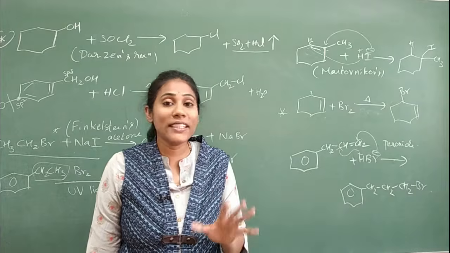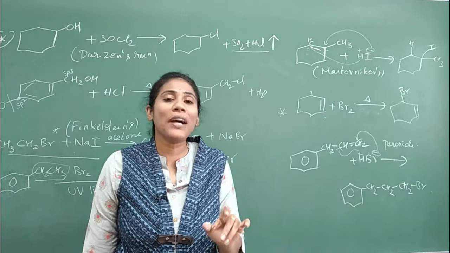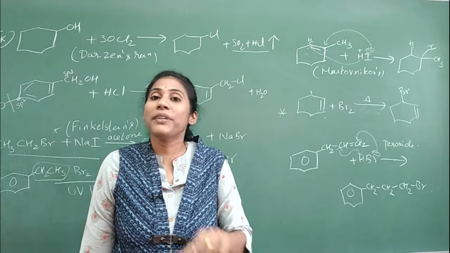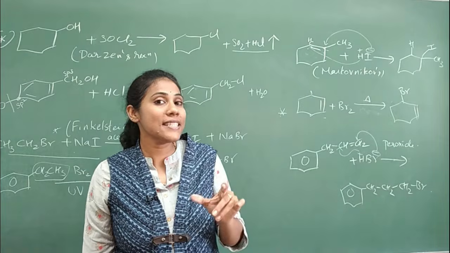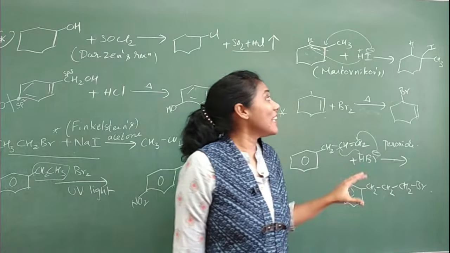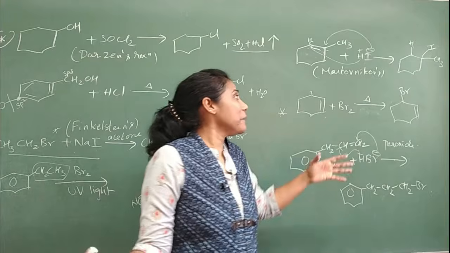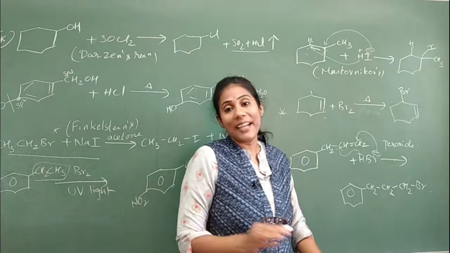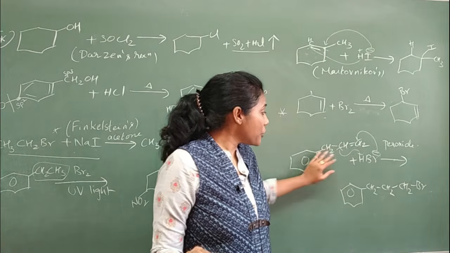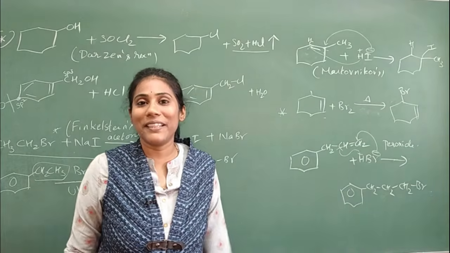All this we have discussed in the class 11 hydrocarbons chapter. If you want clarity on Markovnikov's and anti-Markovnikov's, you can watch the video. The playlist link I will provide in the description. Definitely you should have clarity on Markovnikov's and anti-Markovnikov's. So when do we write the Markovnikov's product and when do we write the anti-Markovnikov's? The anti-Markovnikov's product we write for addition of HBr to an alkene in presence of peroxide. So you have to remember that.